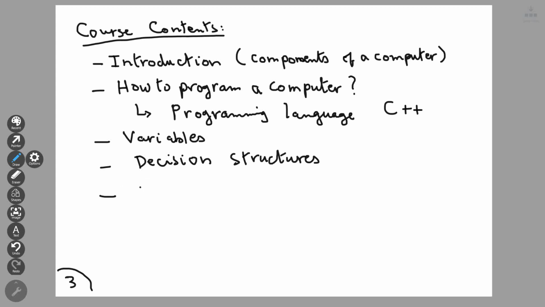And finally, loops, or repetition structures. And then we're also going to take an introduction about functions.